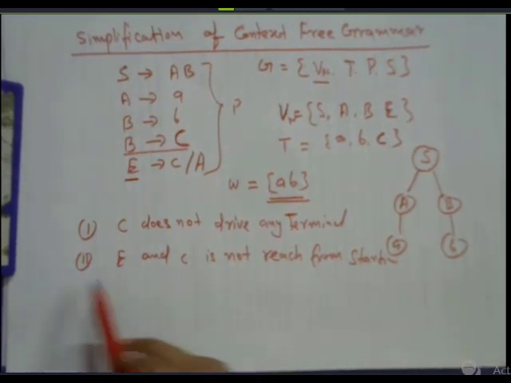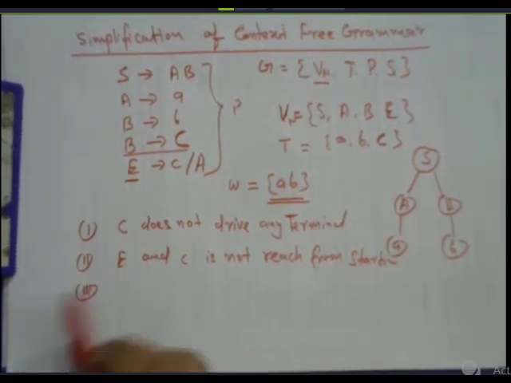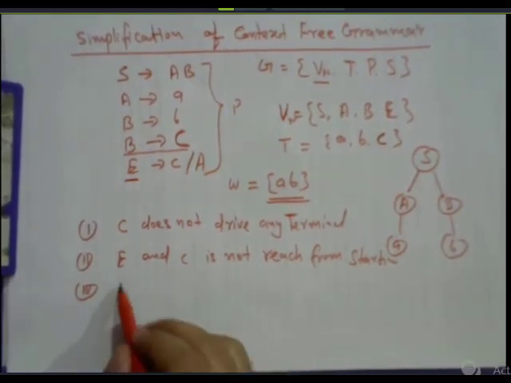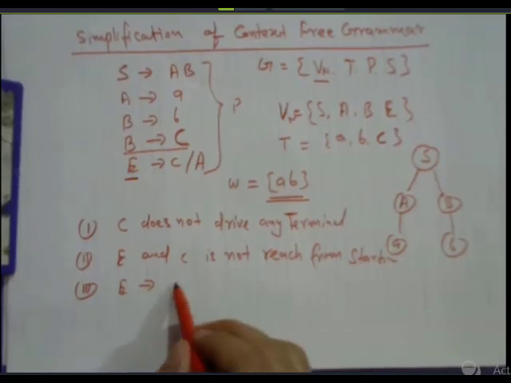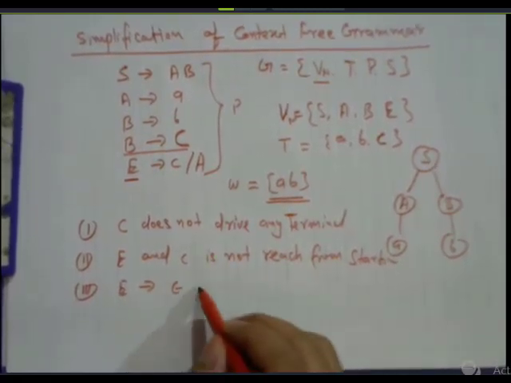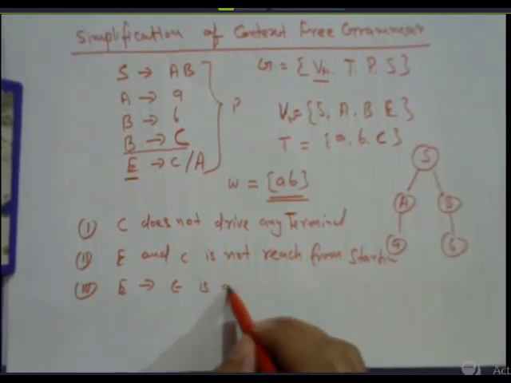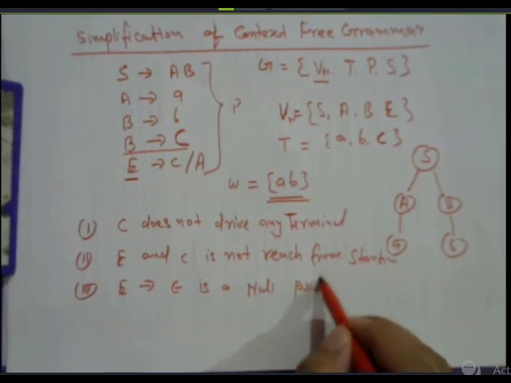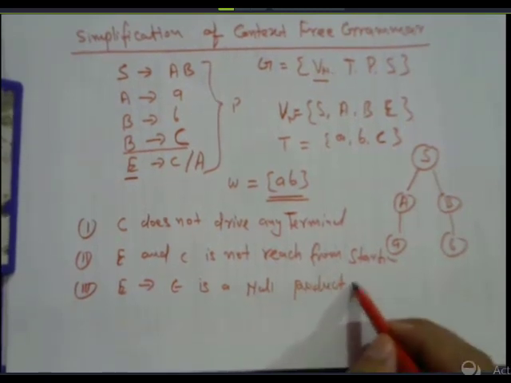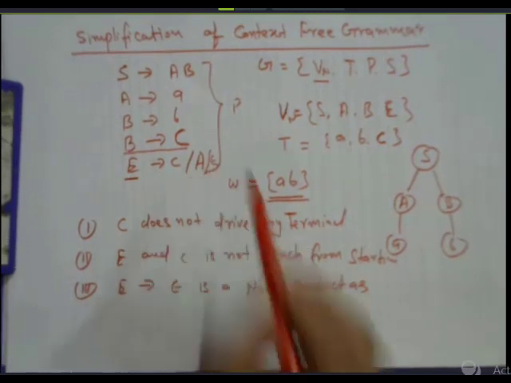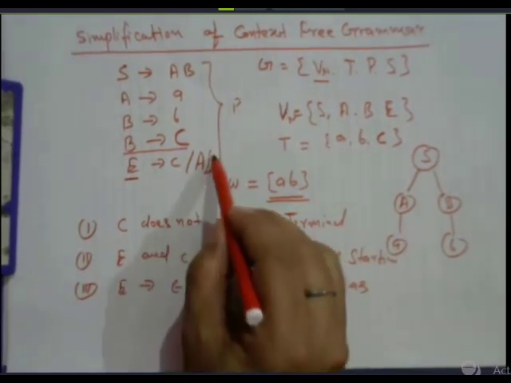Then the third point is E tends to epsilon, which is a null production. You can write here as epsilon.